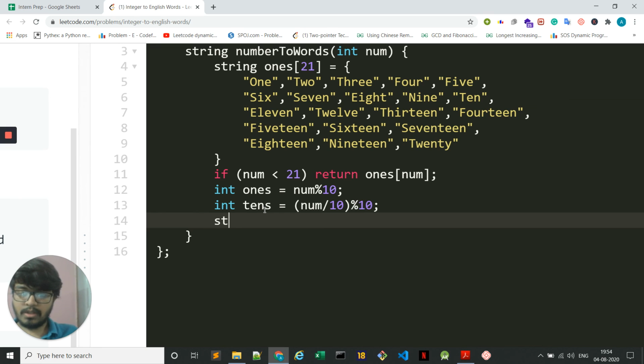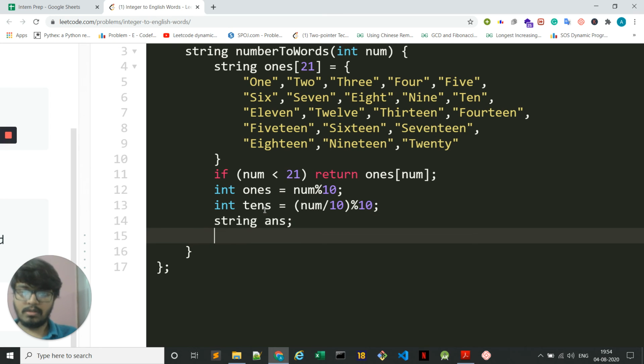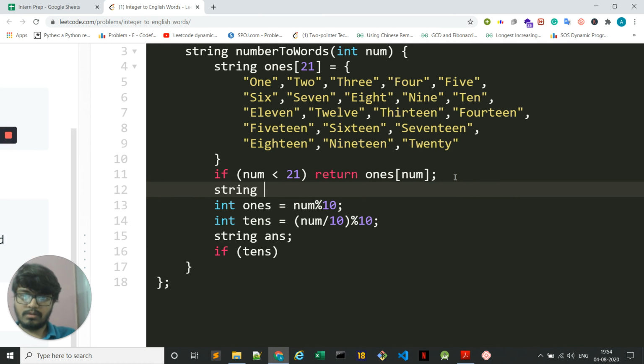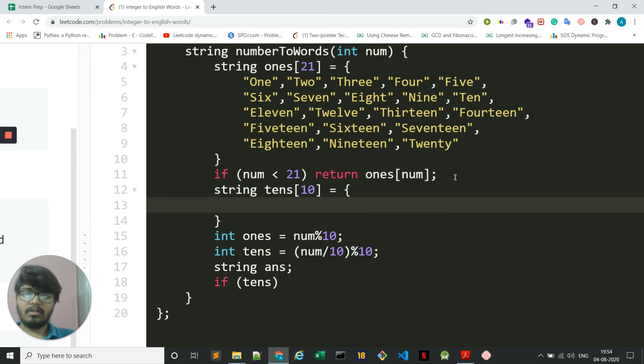So let us say we are framing our answer in this string. Let me also write down the tens first. For one, I won't write anything. Why? Because we already saw, if the number is 113 and the first two digits are less than 21, then we would use the above prefix. But if the first digit is, let's say, 20, then what will we do?